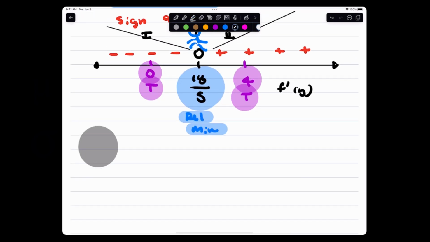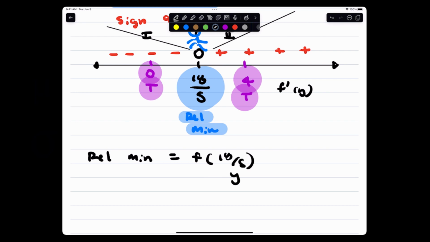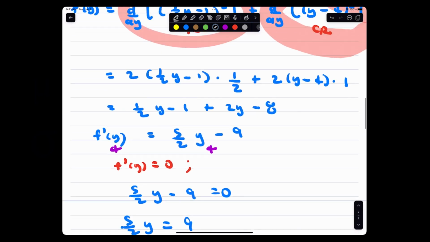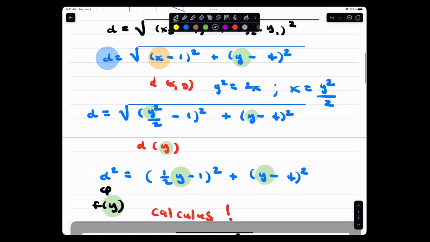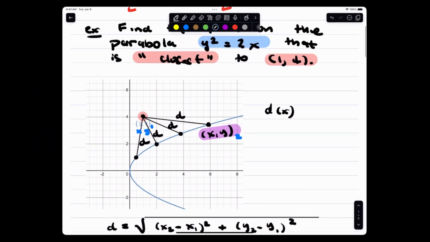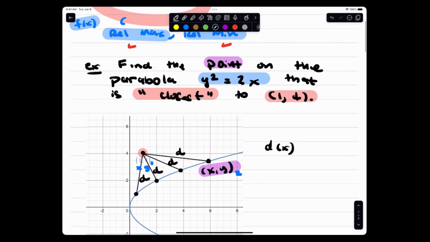So, okay. Let's write down what this means. So you get a relative minimum value equals f of 18 fifths. This is that y coordinate. So notice what the question, though, is. Okay, here's the question. They want to know what's the location, the y coordinate.